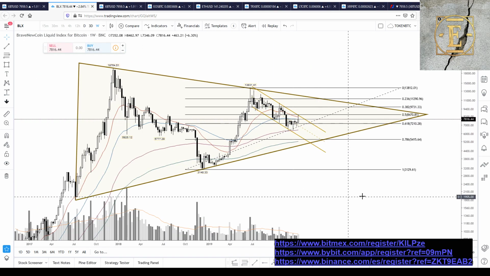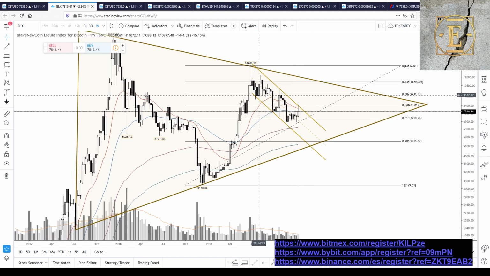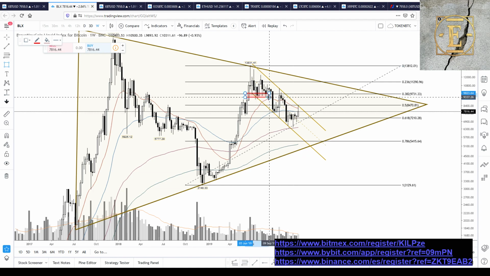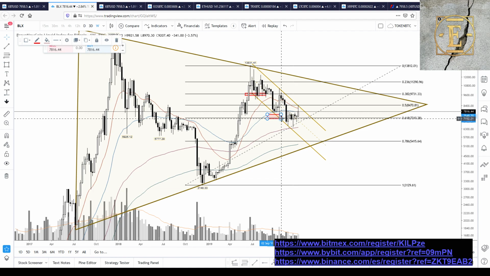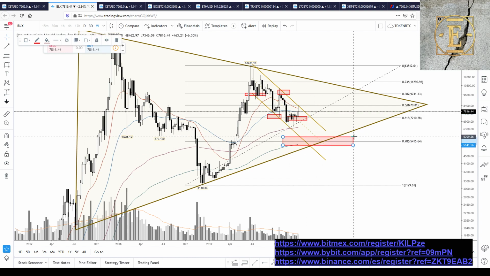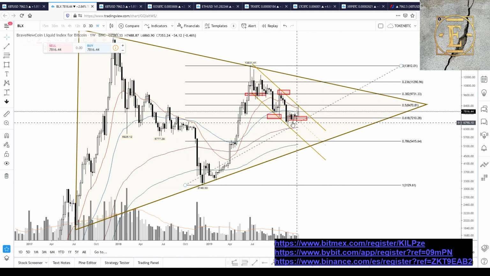Okay, and we can see that the price is going to stop at the Fibo levels. We've got this one, we've got the 0.5, we've got again the 0.3, and we've got again the 0.618. Okay, so this is another Fibonacci level that we need to know if the price continues going down.